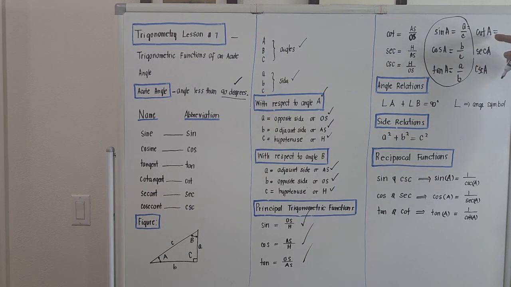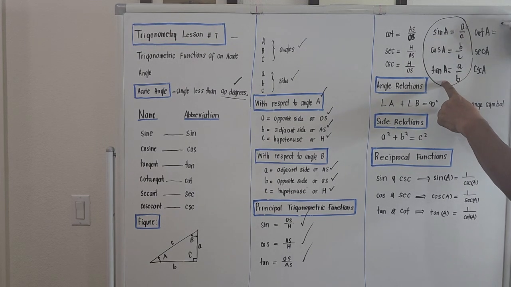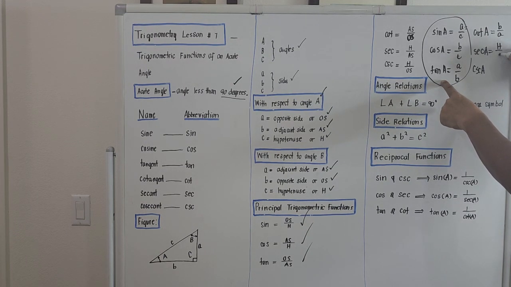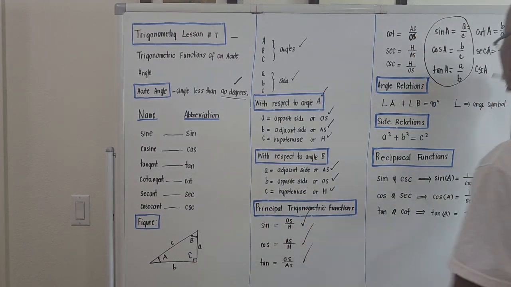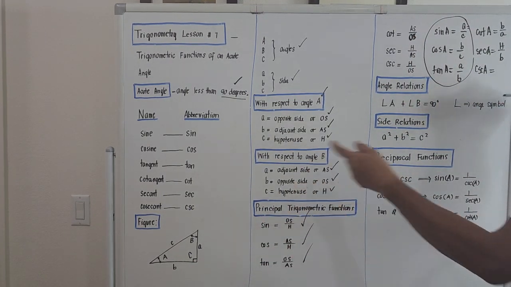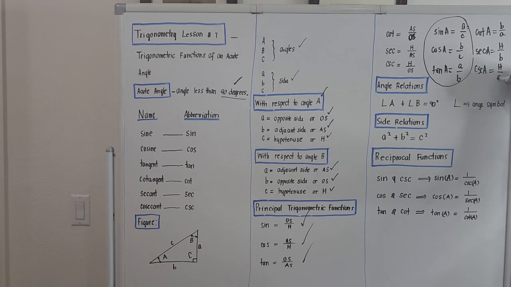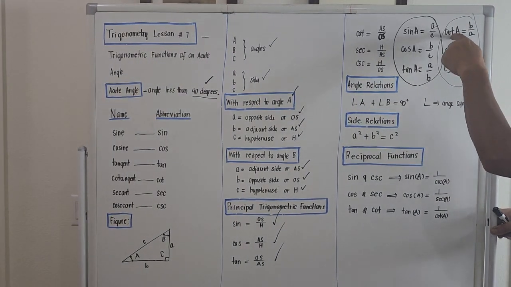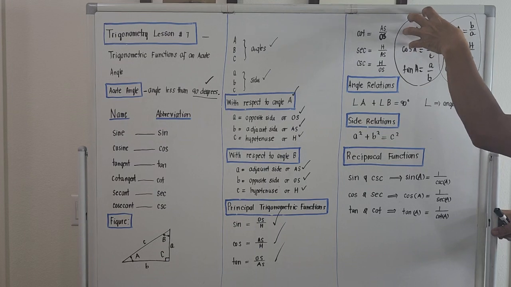Just take for the cotangent, just take the reverse of this, it will be B over A. And for secant, it will be hypotenuse over B. And for the cosecant, it will be hypotenuse over A. If you know these three here, you could actually compute for cotangent, secant, and cosecant by just taking the reciprocals.